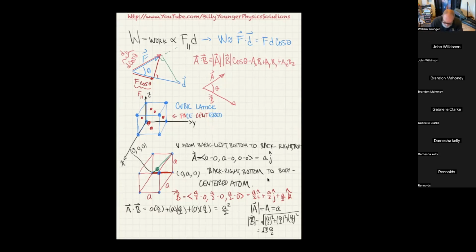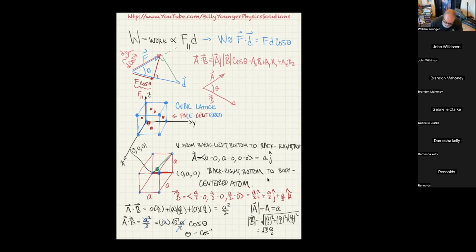So we can also say that A dot B is equal to a squared over 2, but it also equals A times the square root of 3 a over 2 times the cosine of the angle between them, which tells us that theta is equal to the cosine inverse of, now you can see that this a over 2 is going to cancel out with this a over 2, and this a is going to cancel out with this a.